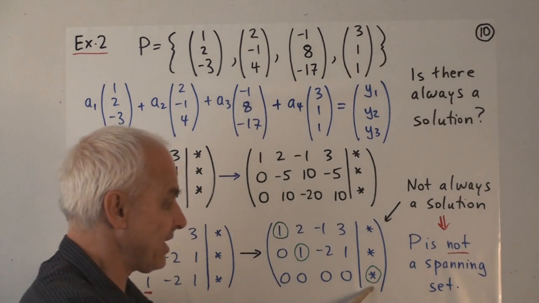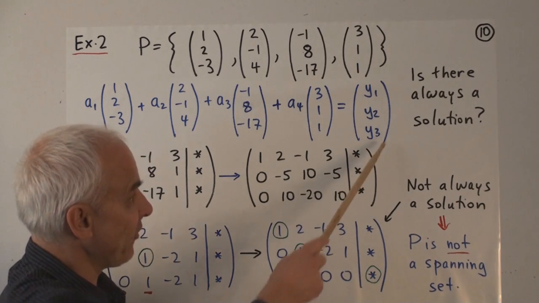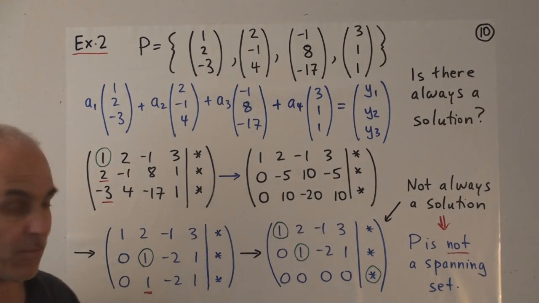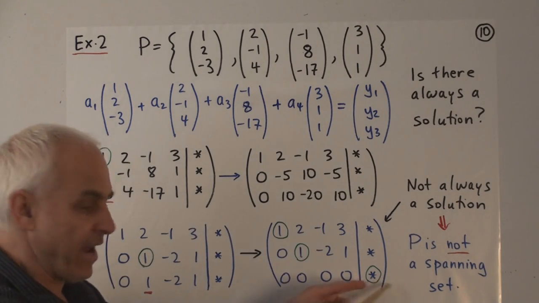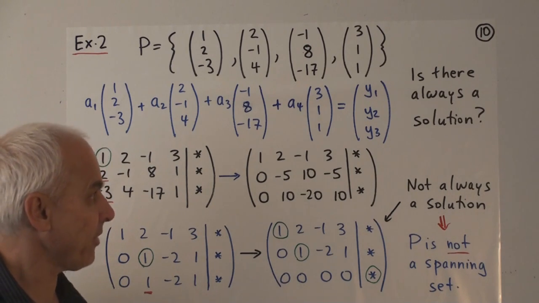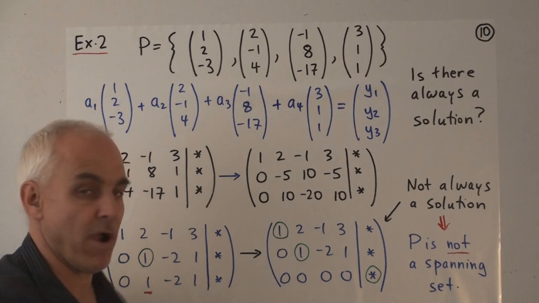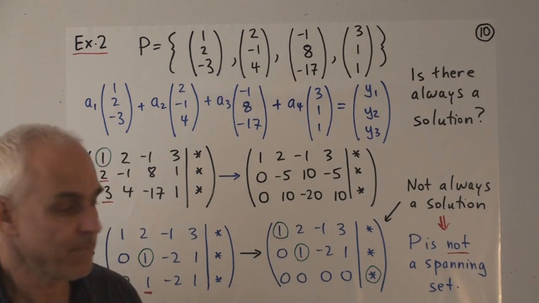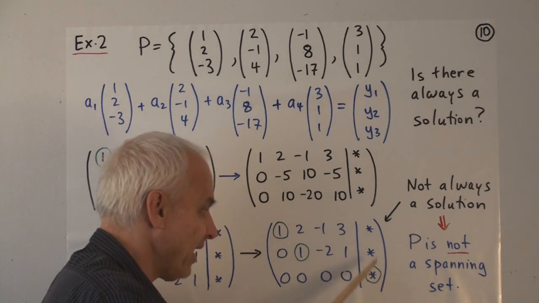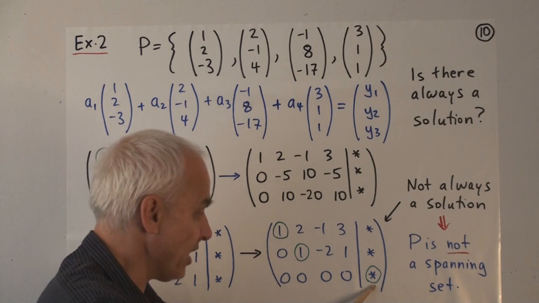Because the entry that's here, well, it depends on what the y1, y2, and y3 were. This is going to be some linear combination of y1, y2, and y3, like maybe 3y1 minus 2y2 plus 5y3, or something like that. But it's potentially non-zero.